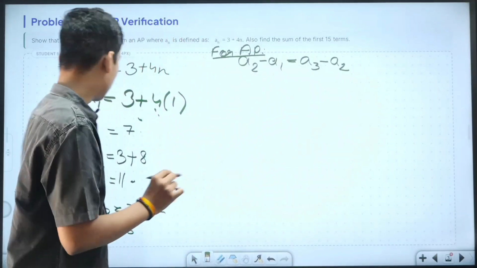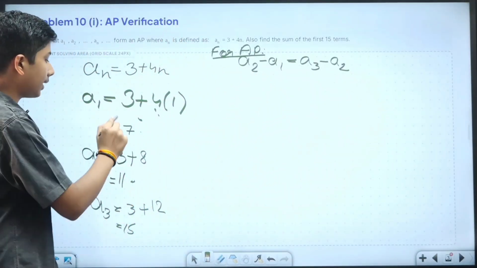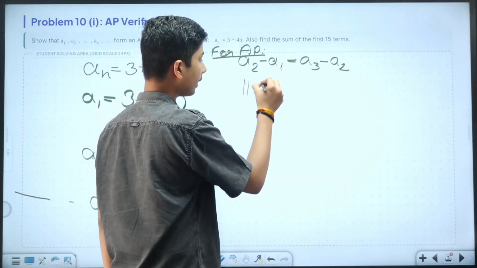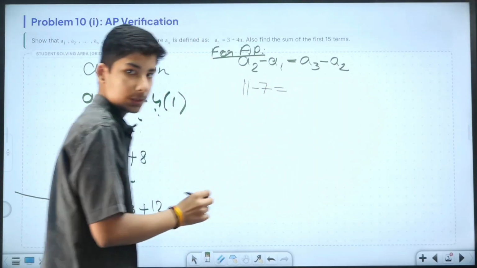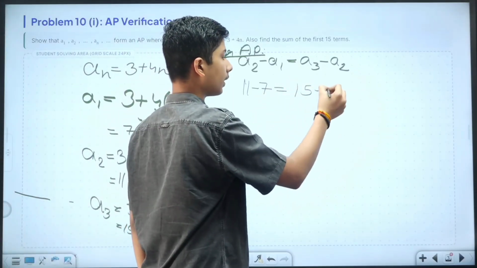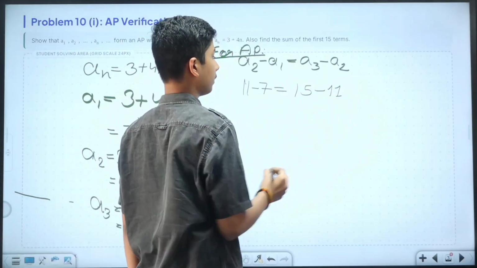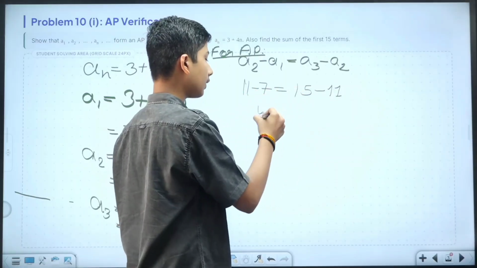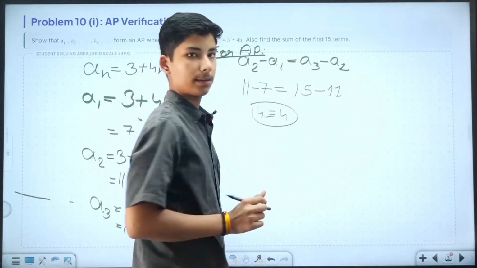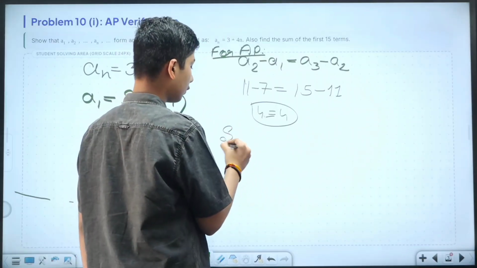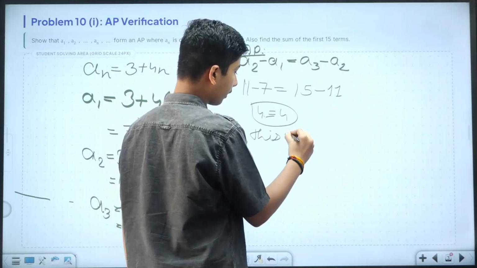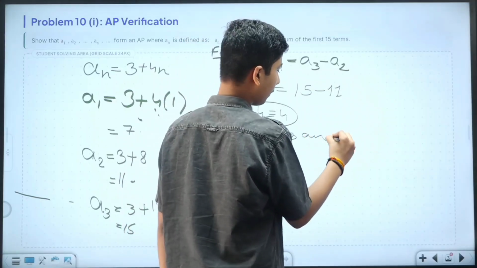Now A2 was 11 and A1 was 7. 11 minus 7 should be equal to 15 minus 11. Now 11 minus 7 is 4. 15 minus 11 is also 4. Yes. So this is an AP.